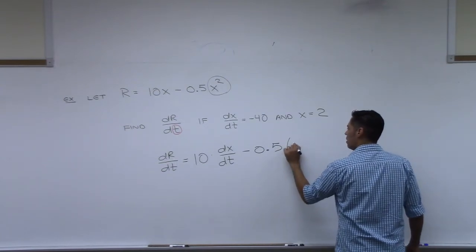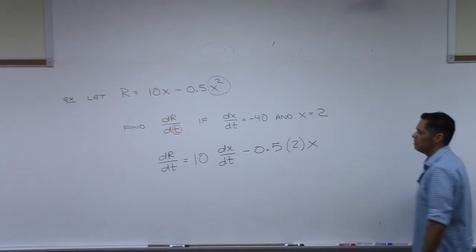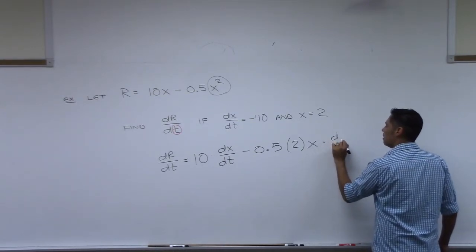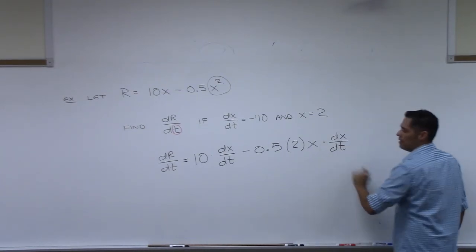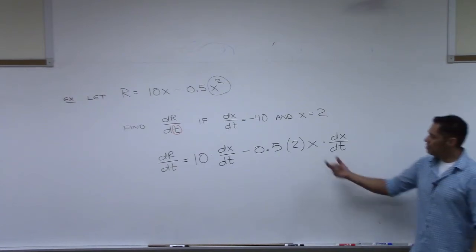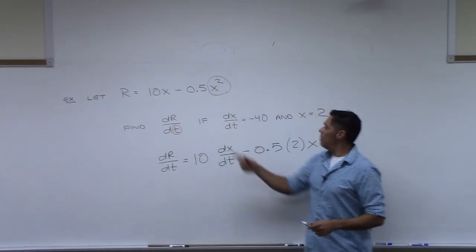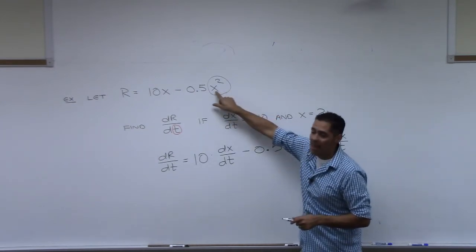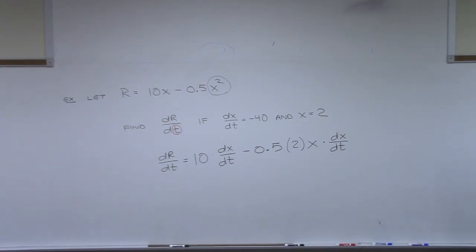I'm going to write it like this: 2x times dx/dt. So here's my 2x, that 2x you get from taking the derivative of this. But then this is the part that you get by the chain rule by taking the derivative of x. It's dx/dt, not 1.